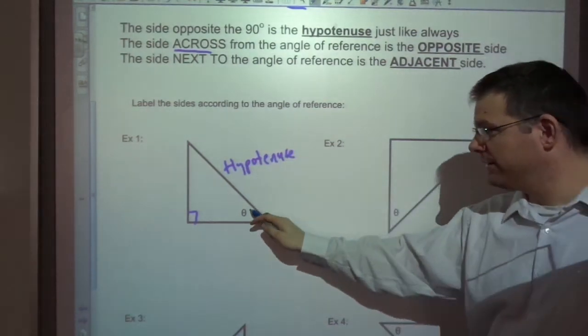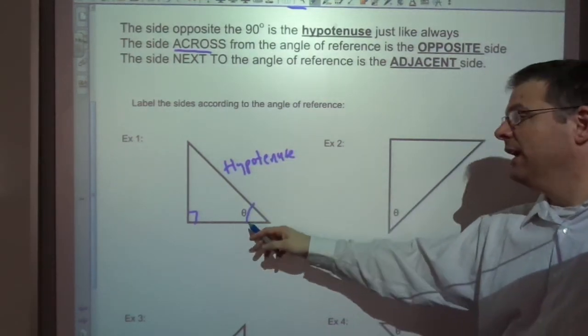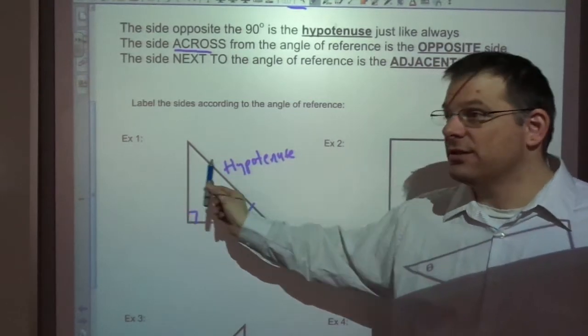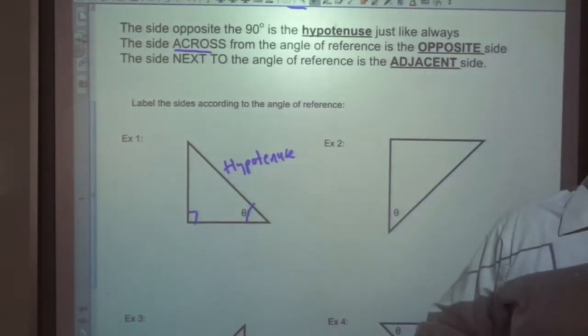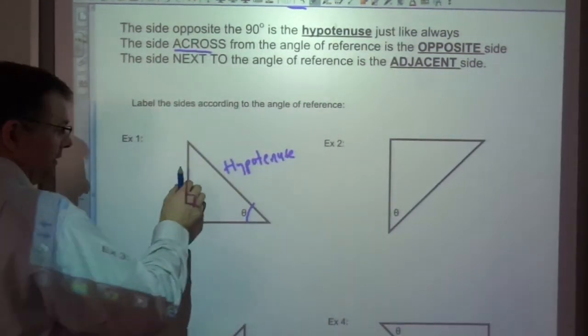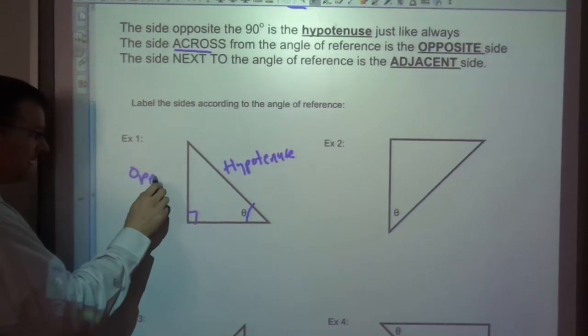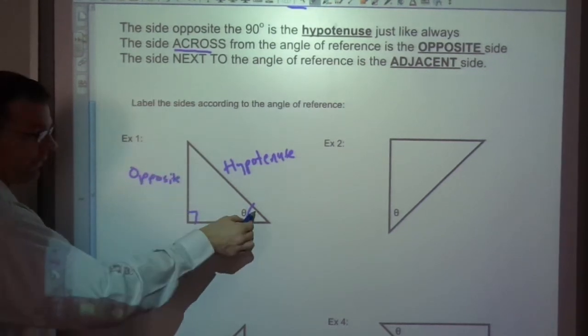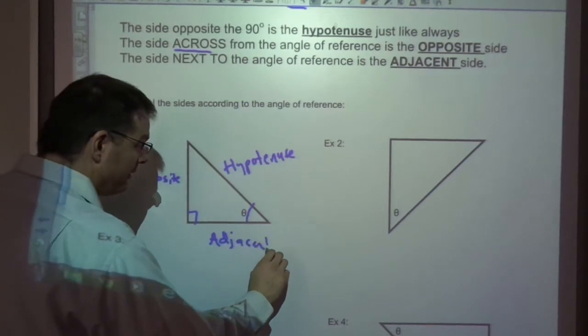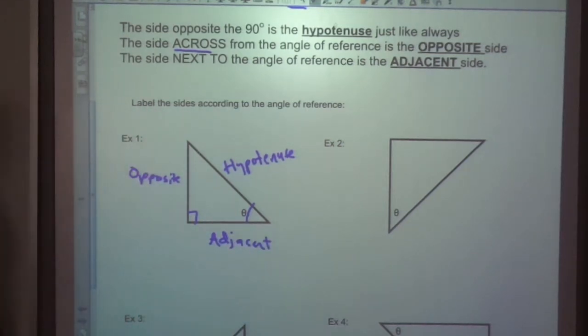Now, if I'm sitting here, this is my angle of reference. There's one side that's next to me, and there's one side that's across from me, the two legs. The one that's across from me, I'm going to name the opposite side. And the one that's next to me, I'm going to call the adjacent side. And that's all we need to do for right now. Just name the sides.